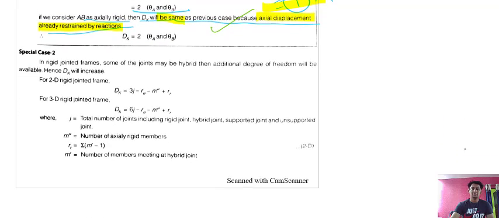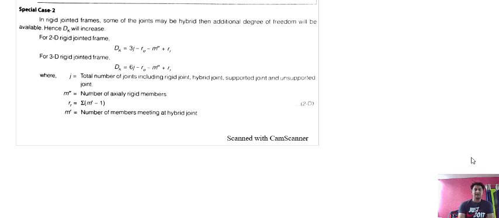Now there is another special case. In rigid jointed frames, some of the joints may be hybrid. If there is an internal hinge, a hybrid joint, then an additional degree of freedom will be available, hence Dk will increase.